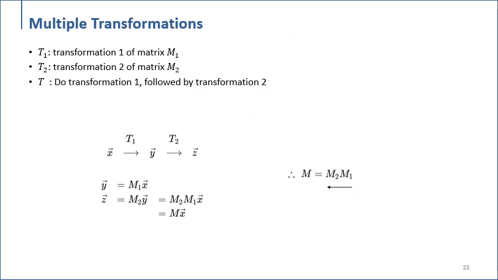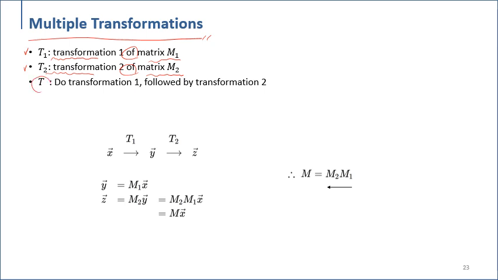Finally, let me combine these into multiple transformations. Let's say we have two steps of transformation. The first one is T1, which has matrix M1, and the second one is T2, which can be represented as matrix M2.